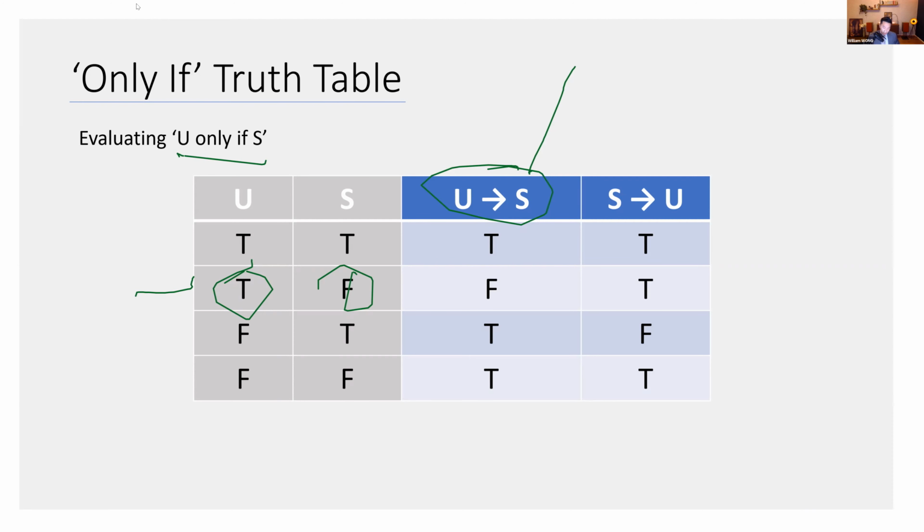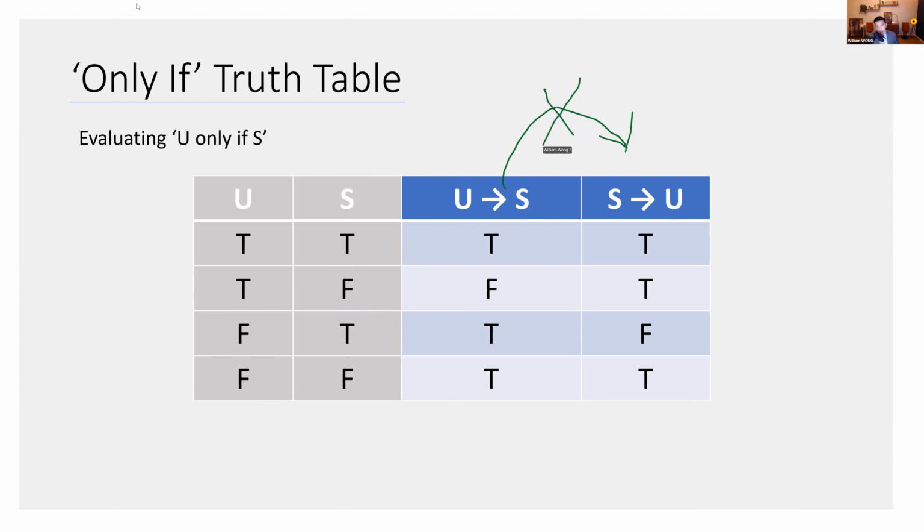Okay. Now, this is the converse. S entails U. This says if Susan goes, you go. Now, I want to emphasize that this statement does not entail this statement. Just because this is true doesn't mean that this is true. However, they are not inconsistent. That is, they might both be true at the same time.